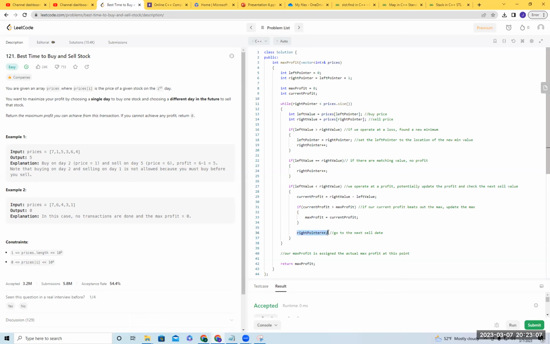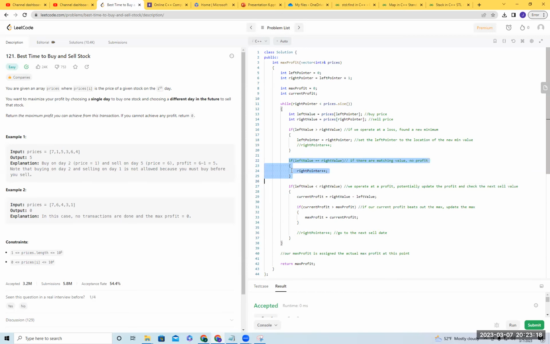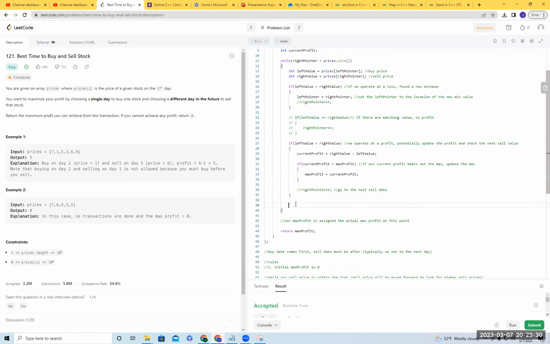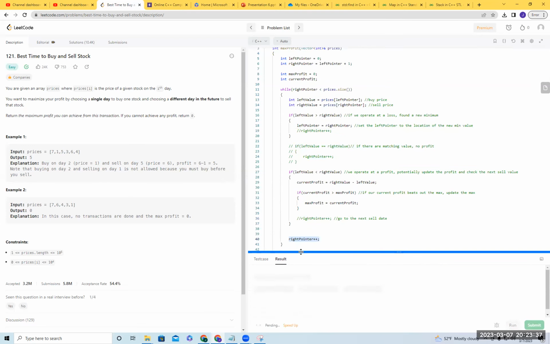So we could take this out of the scope of the if statements and entirely get rid of this, because if it doesn't fall into any of these cases, then it's going to fall into this case. We just increment right here at the end of the loop. So that works as well. That's just a little bit of a refactor that we can perform, but other than that, that's the solution.